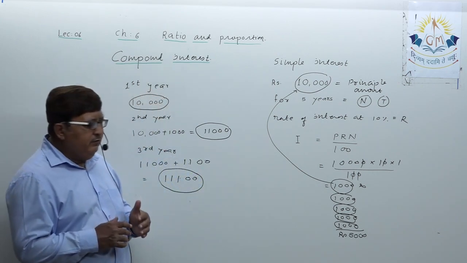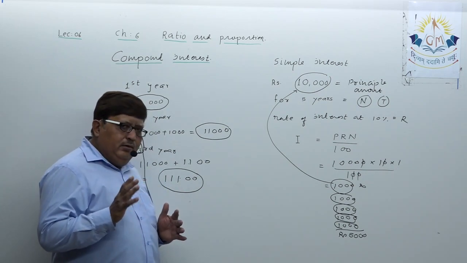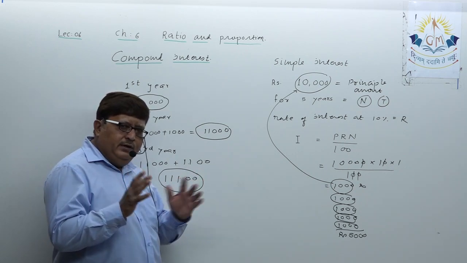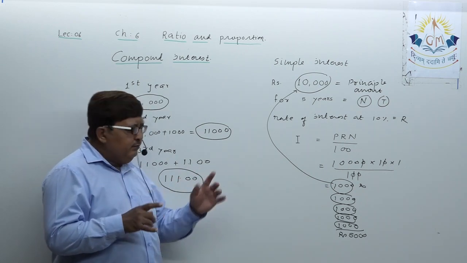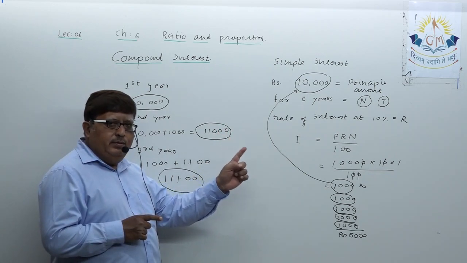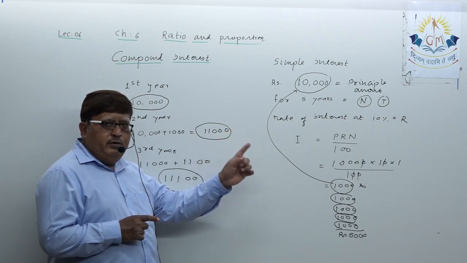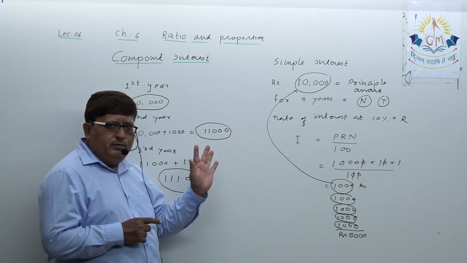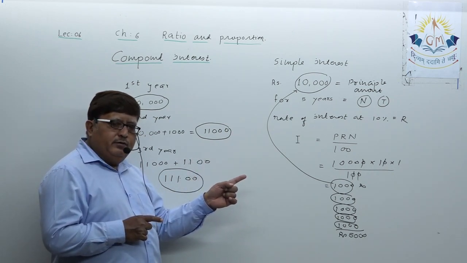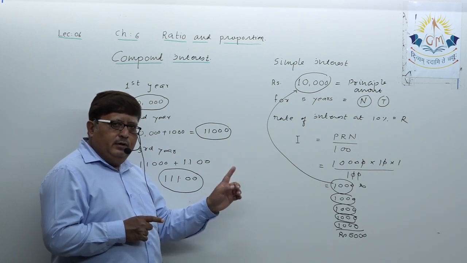So this is a clear logic understanding. You just want to keep in mind this basic: principal remains the same in simple interest. So interest counted every year remains the same.